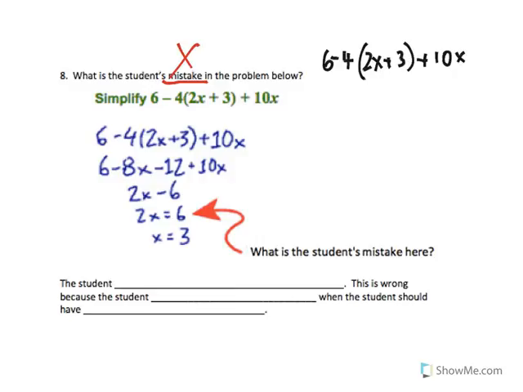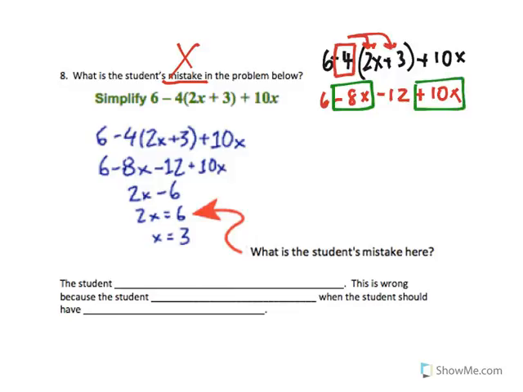So first I want to get rid of the parentheses, so I distribute the -4 to each piece. I get negative 8x minus 12. I bring down the rest of the pieces. I draw a box around my like terms.